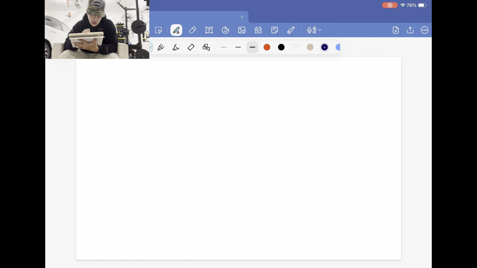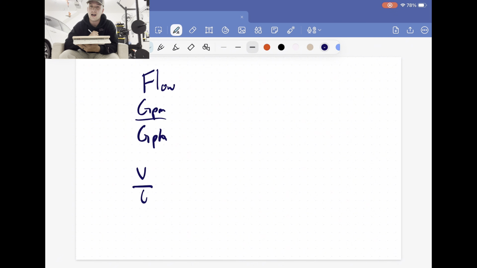So flow we measure in gallons per minute or gallons per hour, but in general, flow is just a volume over a time. Flow is generally denoted in mathematics and engineering with a Q. So our flow is volume over time.